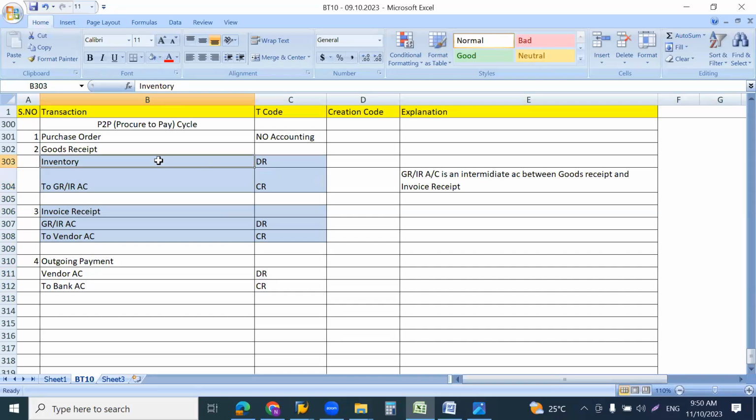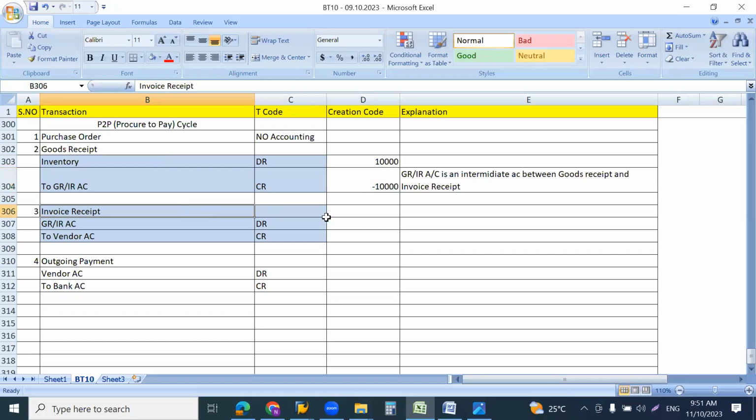Suppose, if I want to make you understand very clearly, in the inventory account, suppose I am purchasing inventory for 10,000. 10,000 will be in plus value. Okay, so this is the first accounting entry.